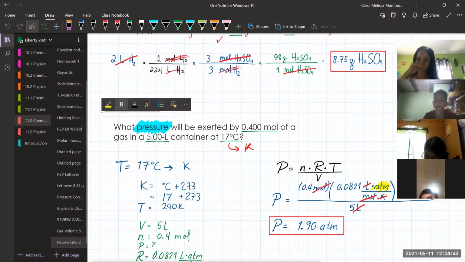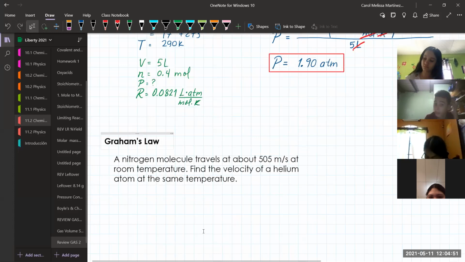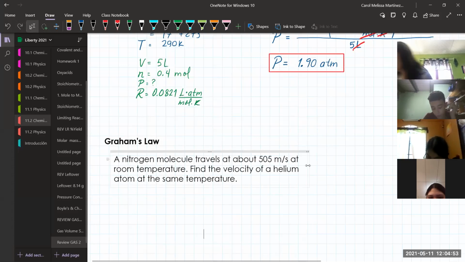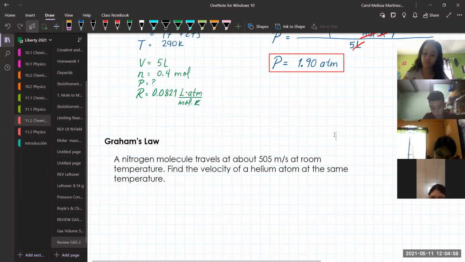And in the last part, I think I can do it. In this last part, I have this is Graham's law. Okay, and it says that a nitrogen molecule travels at about 505 meters per second at room temperature. Find the velocity of a helium atom at the same temperature.